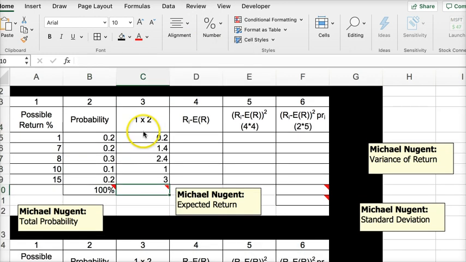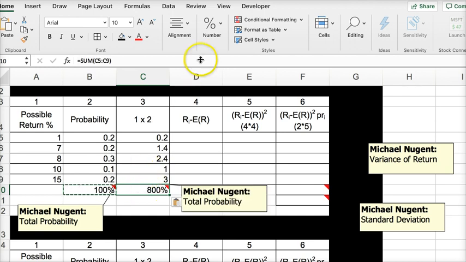Now in column 2, what I'm doing here is I'm taking column 1 multiplied by column 3. So 1 times 0.2 is 0.2 here, as you can see in the formula up here. So to get the expected return, I just need to find the sum. And it's not expressed as a percentage.